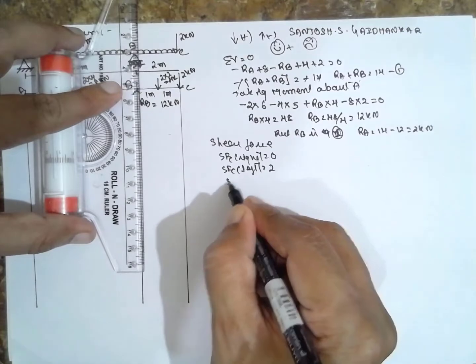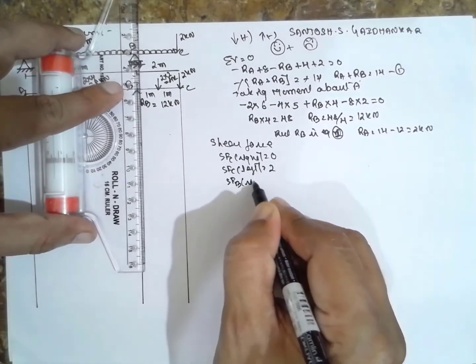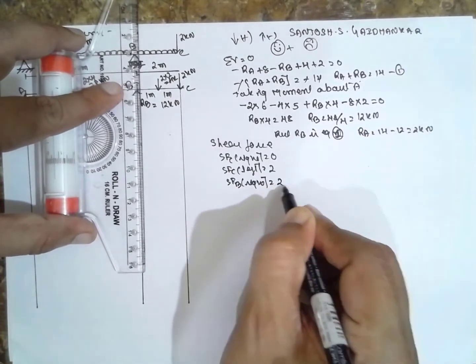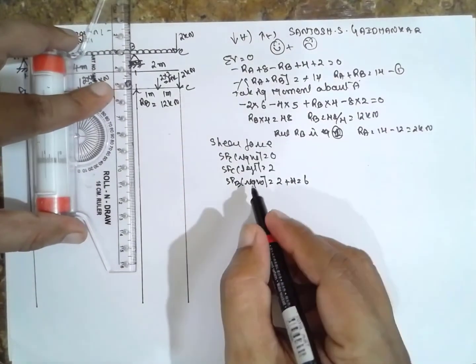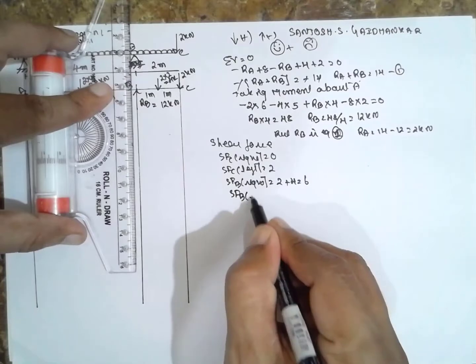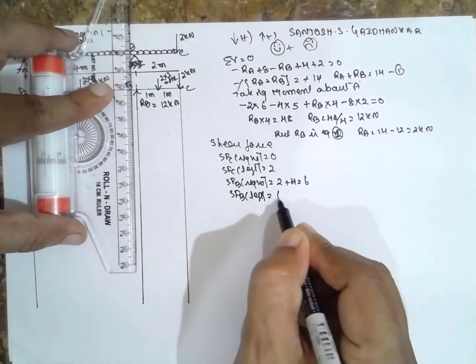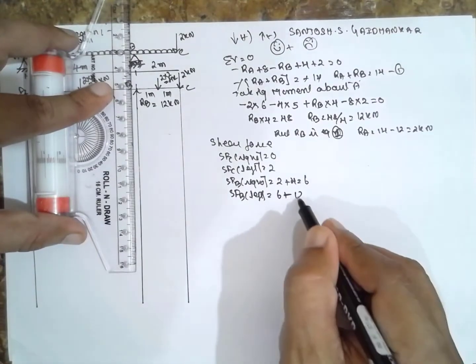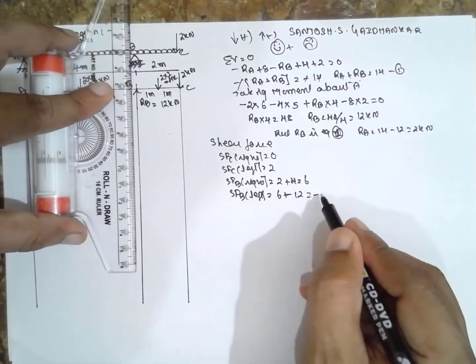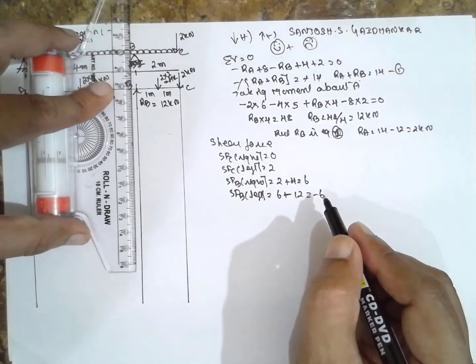Similarly, SF at B on right side, 2 plus 4, it will be 6 kilonewton. On left side, SF at B on left, 6 minus 12, downward arrow is minus 6.